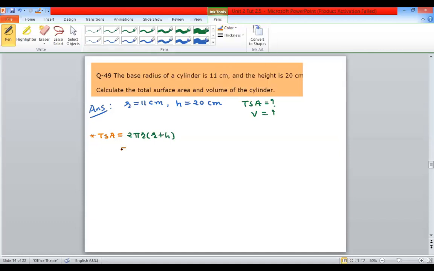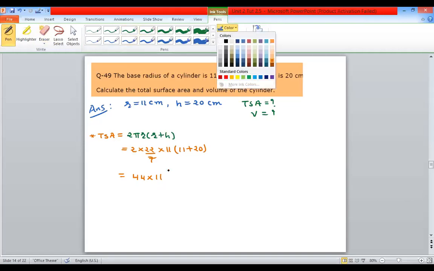Put the value of given terms. Pi is 22 by 7, r is 11, plus h, it's 11 plus 20, which is 31.